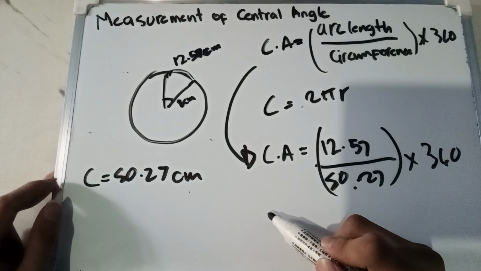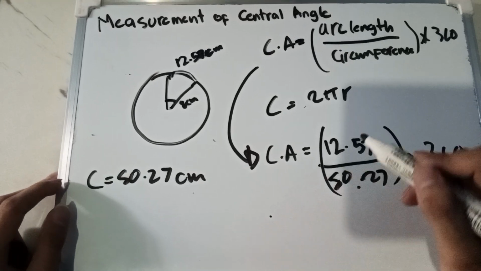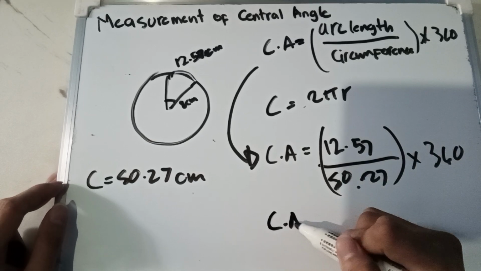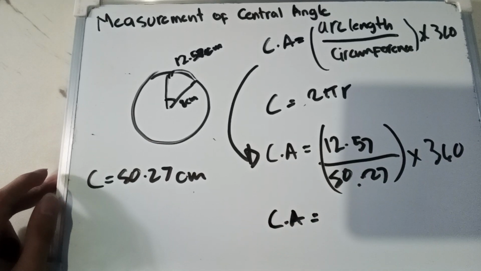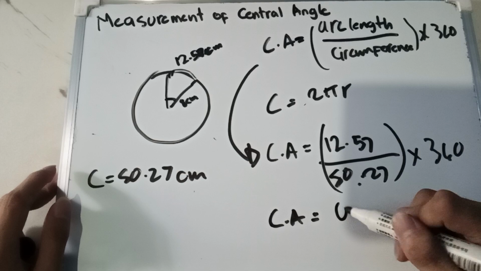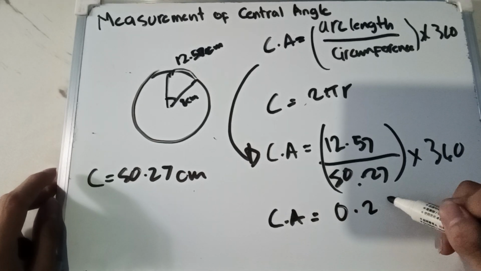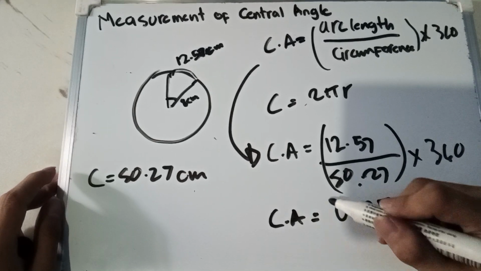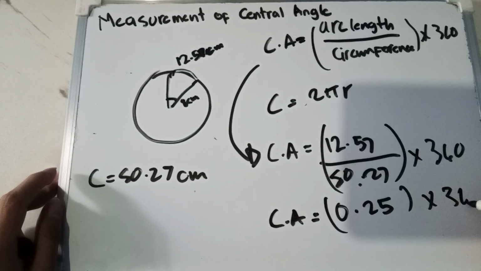Let's solve first for the parentheses. 12.57 divided by 50.27 is equal to 0.25, times the value of 360.